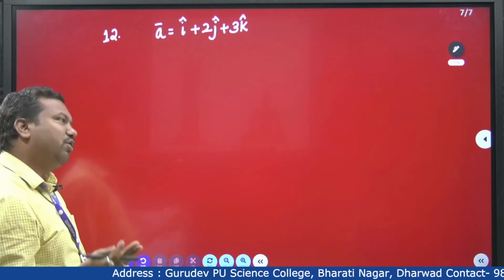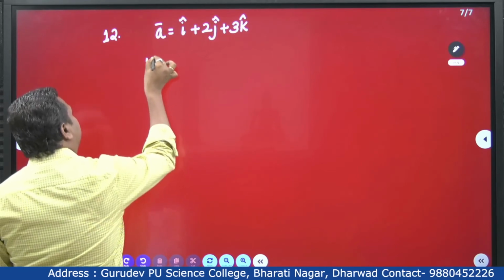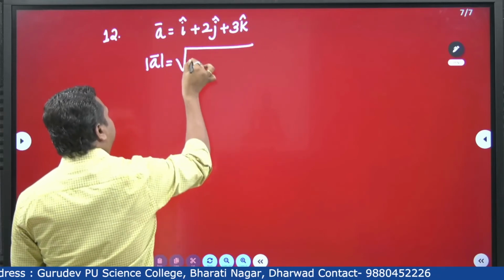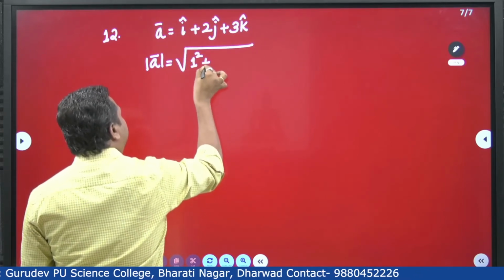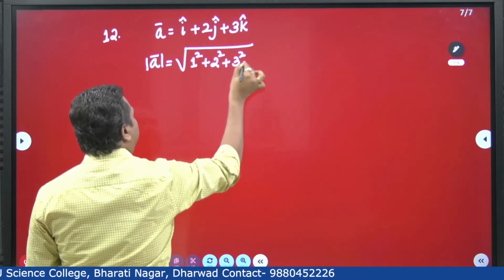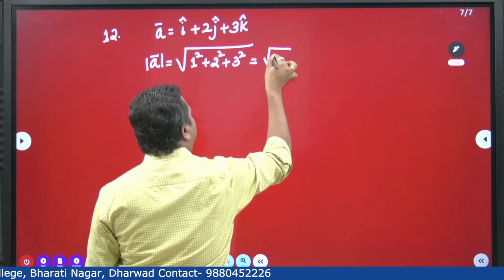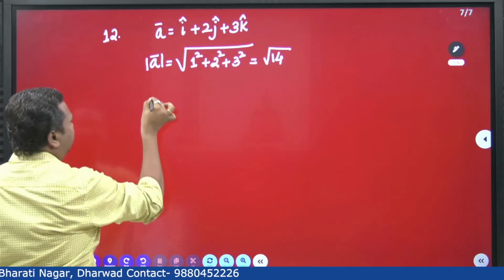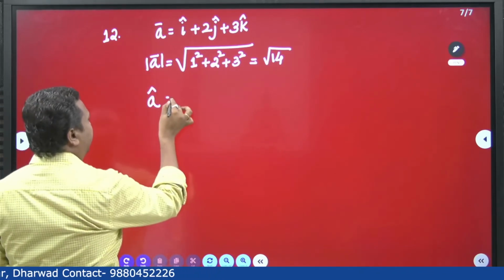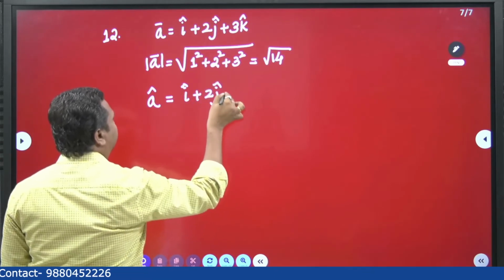That is one part. How can you understand better? You take any vector and divide it by its own magnitude, right? So what is the i coefficient? 1 square, j coefficient 2 square, k coefficient 3 square. So that becomes 1 plus 4 plus 9, that becomes root 14, right? So you can convert any vector to a unit vector by dividing that vector by its own magnitude.